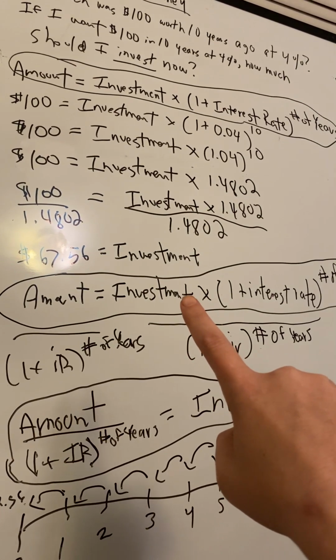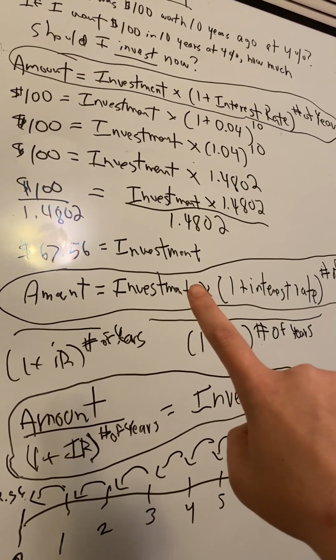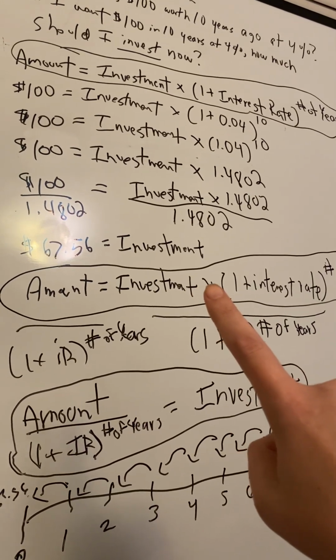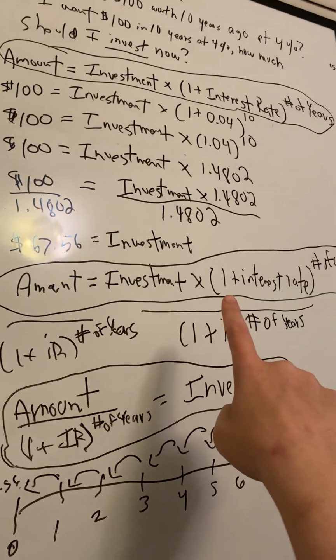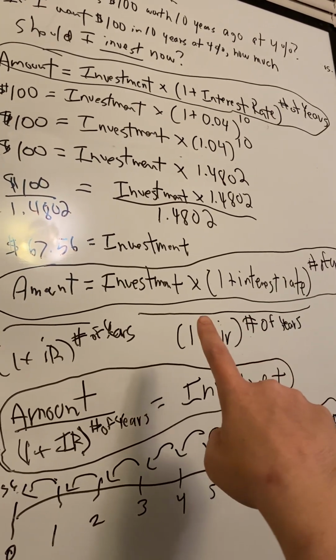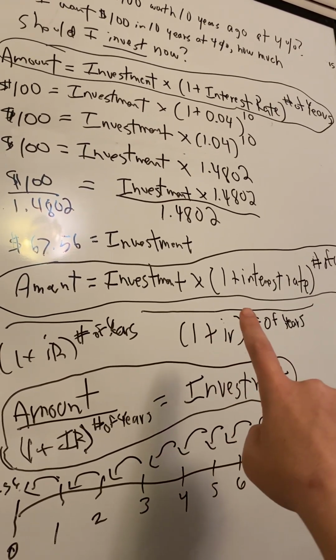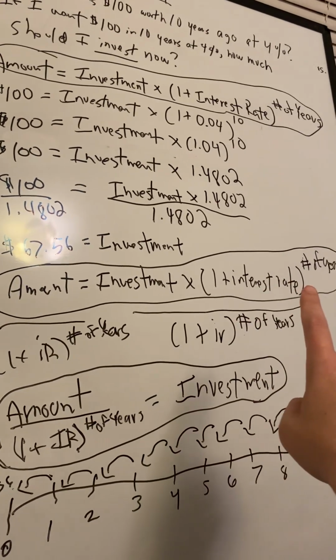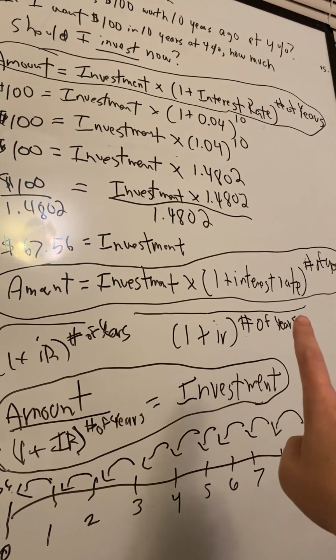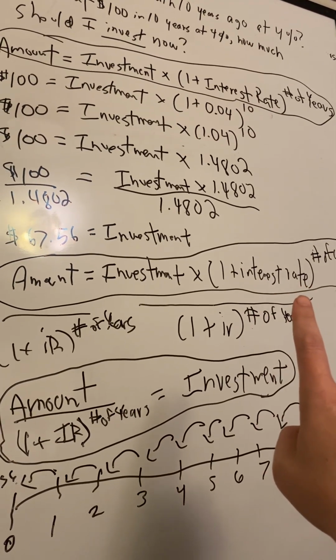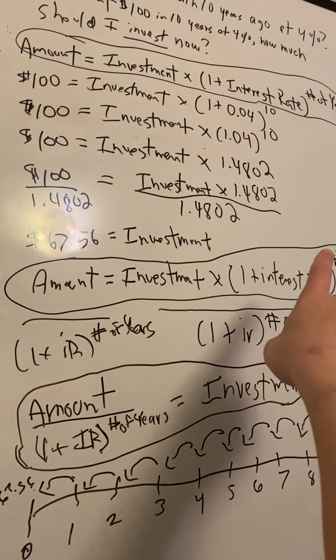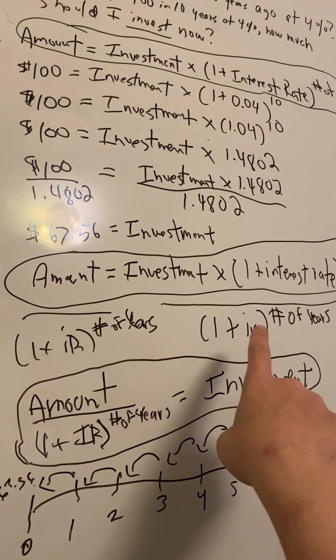So what we did is, in order to get a formula, rather than plug in the numbers, we could divide both sides of this equation by 1 plus the interest rate raised to the number of years. So we divide the right side of the equation by that. And when we do, this will cancel out.